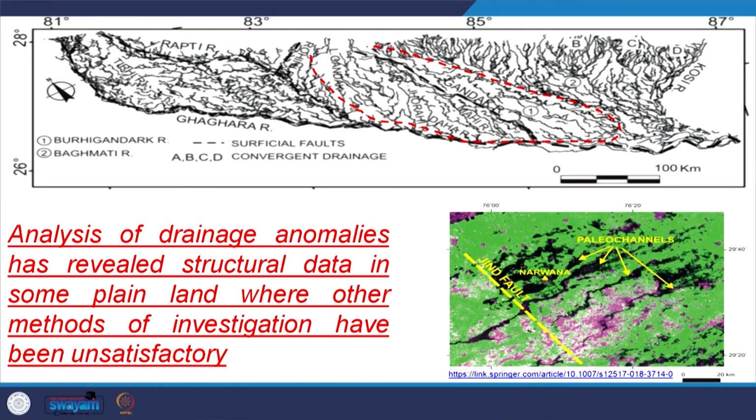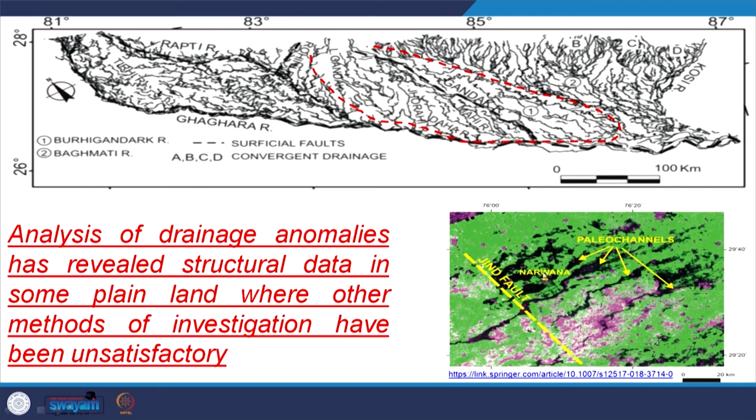And analysis of drainage anomalies has revealed structural data in some places where other methods of investigation have been unsatisfactory. For example, this is a satellite image of Haryana, and after a heavy rain you will find these channels filled with water, and most of these channels are abruptly ending here.